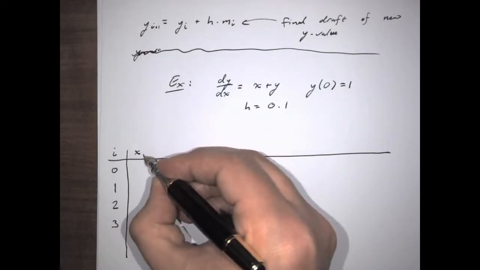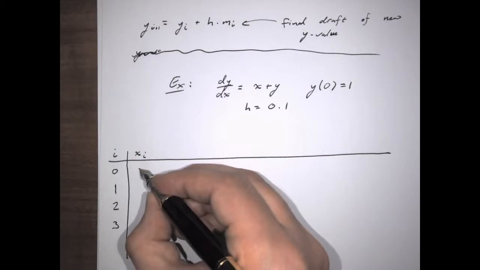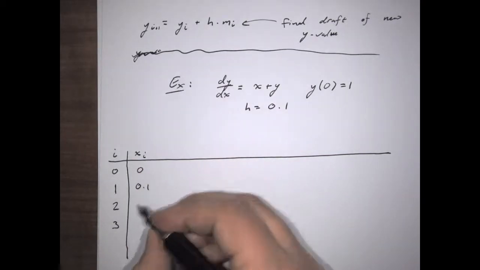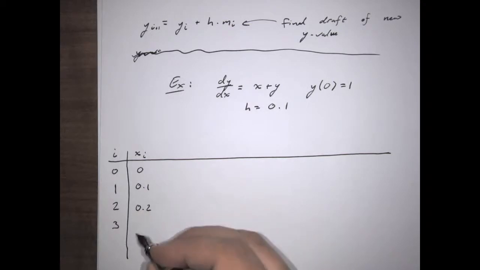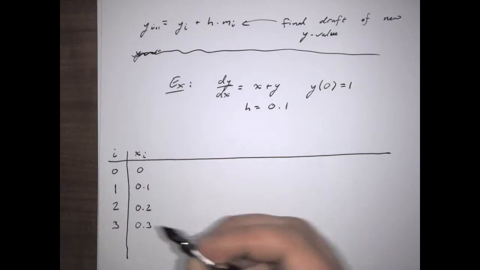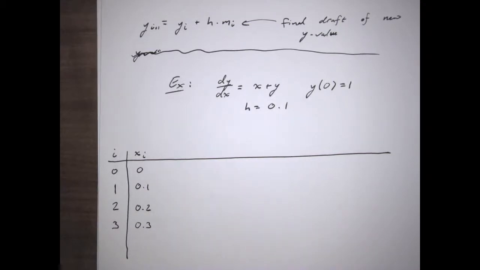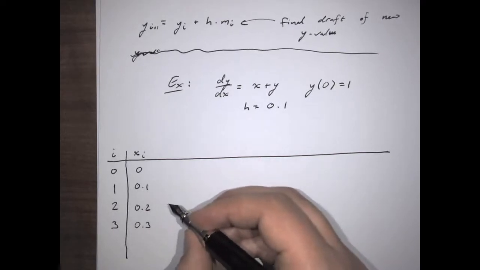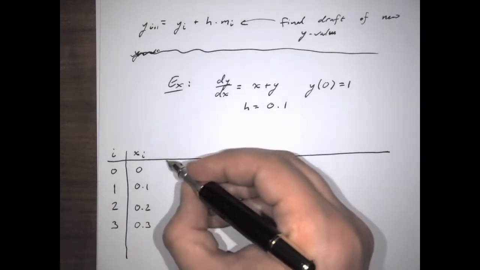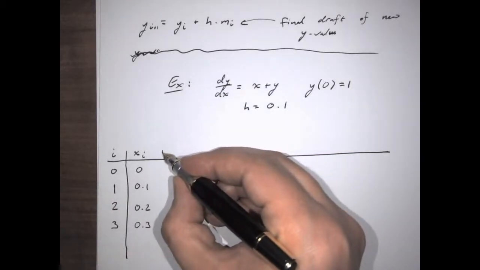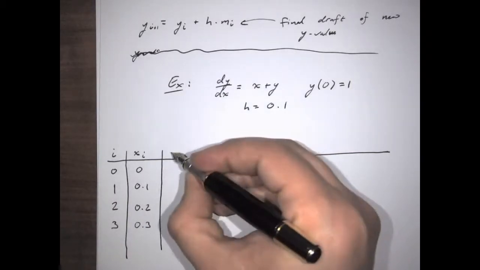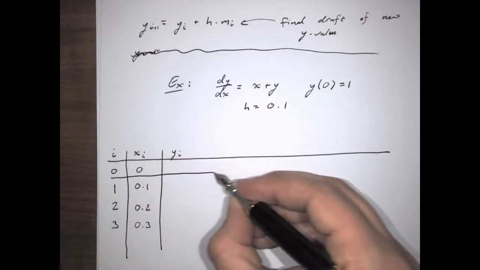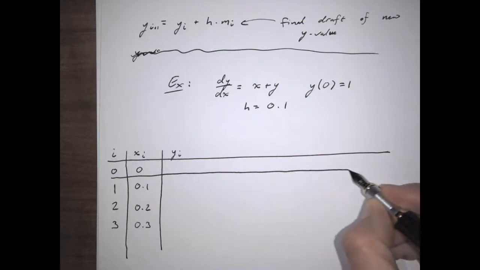Alright, and then we'll have x i, and now here we start with the initial x value, and then we could just go up by the step size. So this one is not different from regular Euler's method, but here's where things start to change. So we have the y i next, which we can only fill in right now for the initial condition.